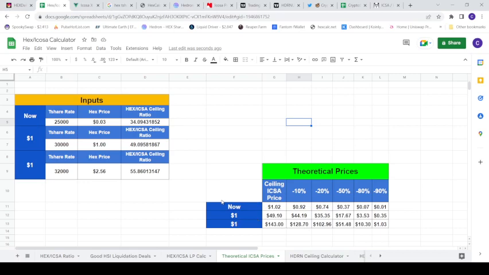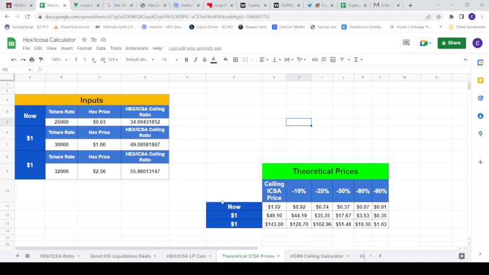And the HEX Icosa ceiling ratio would be almost 56. So basically, if you hold Icosa, you can almost consider Icosa as HEX in a way, because you can easily swap it out for HEX.